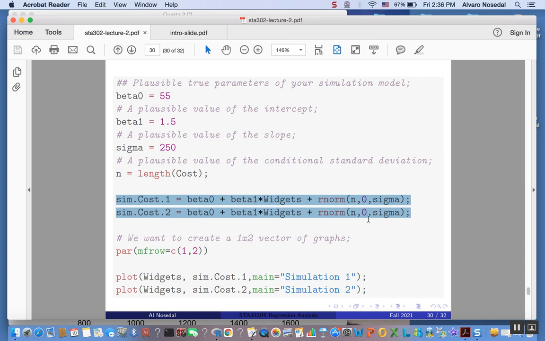But they are going to be different because these errors are random. And by the way, that rnorm function is going to be generating n numbers at random, coming from a normal distribution with mean 0 and standard deviation sigma. Okay, so let's copy these.